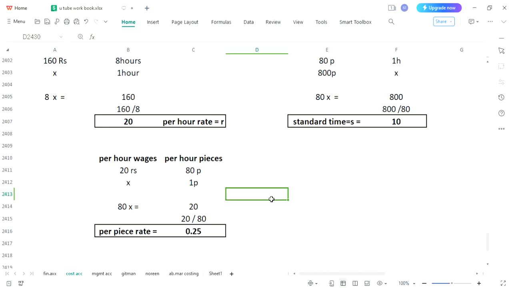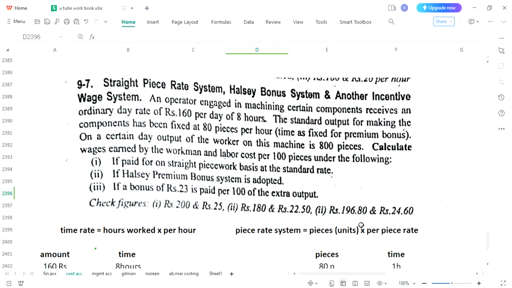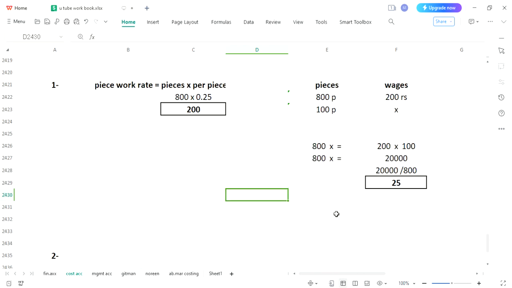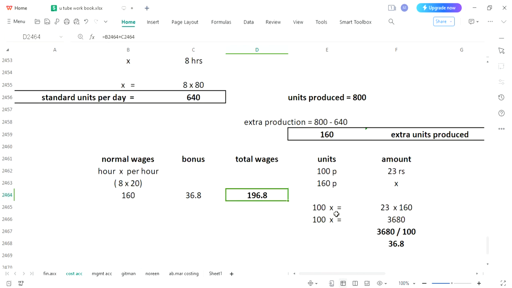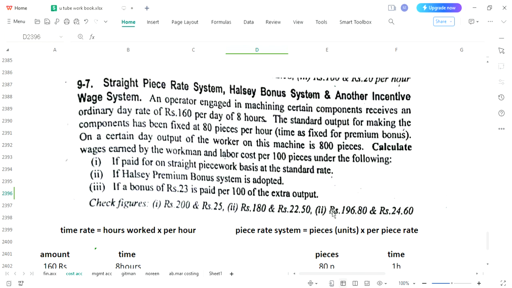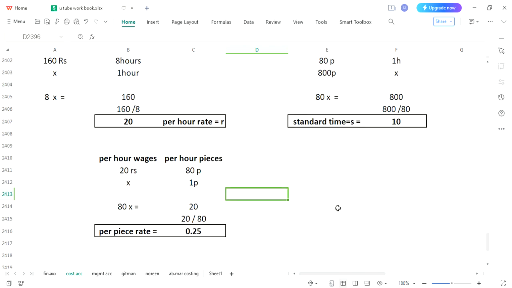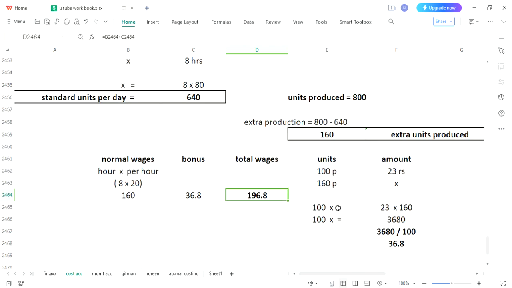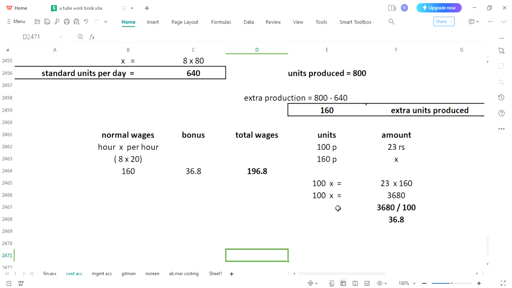Let's go back to the question. So here we have got the answer 196.8. It was not even calculated and I was in a hurry, looking for the answer, so hopefully you will excuse me. 196.8, we have got our answer, and the second part we will see for 100 pieces.